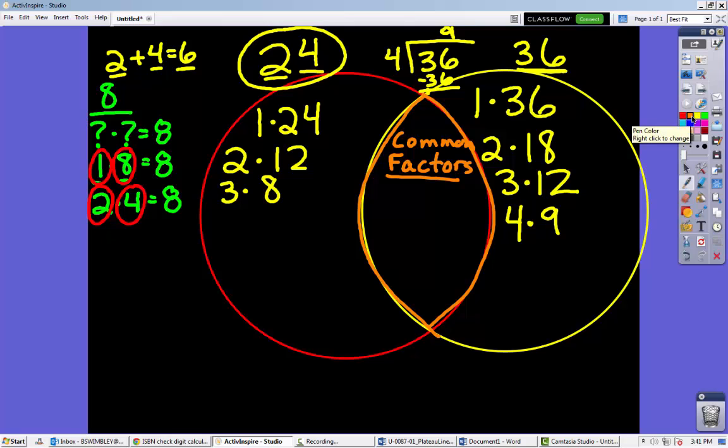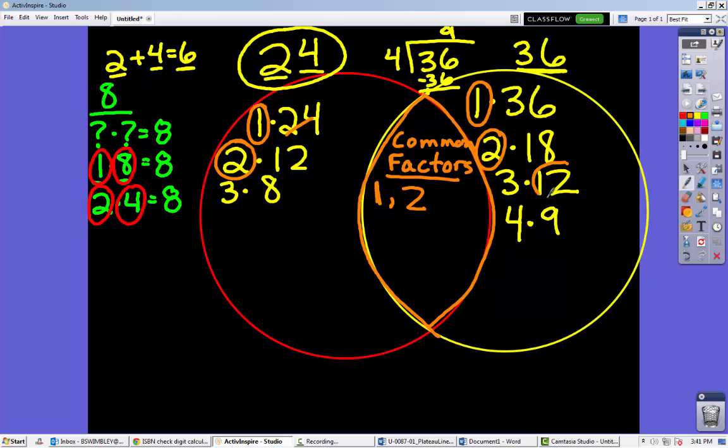So now I'm going to check, what are my common factors? Well, I see this is 1, so on each side. Since they're the same, I'm going to put that 1 down here. I'm going to check, well, I don't see any 24s over here, so it's not going to be 24. I don't see, oh, yep, I do. I see that too, because they're both even, so I'm going to list that too. I'm going to check 12, 12, 12.